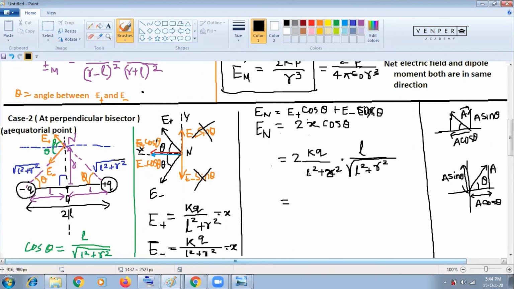Now here, you see how much is coming? It is coming kq into 2l divided by L square plus R square to the power 3 by 2. And the same approach will be taken here. What is that approach? Here L is less than R, so L square is less than R square.